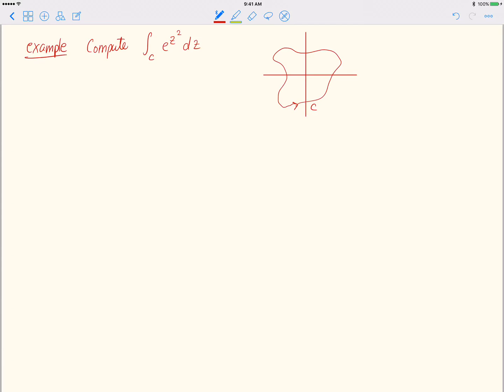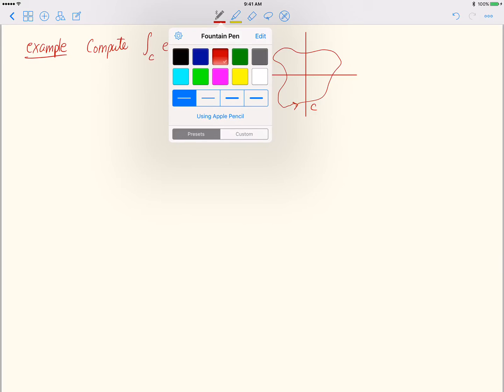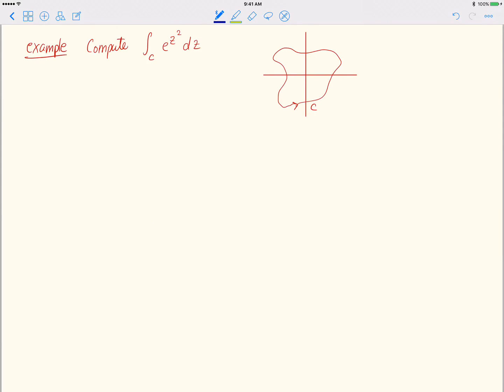So what I do is I draw some simply connected domain D containing C. Like this.